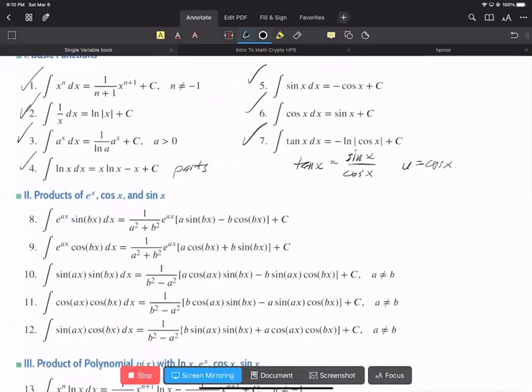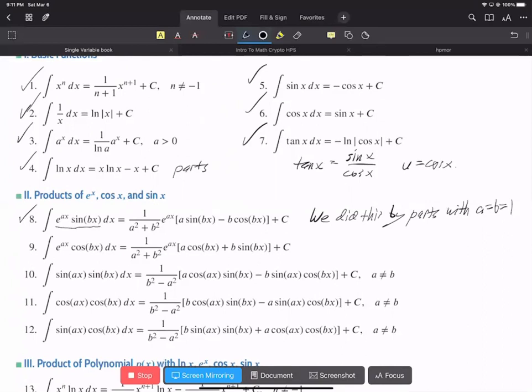Number 8 here is actually that weird integral. We did this by parts. That was that indirect by parts argument. Just a and b are constants here. So we did this example, e to the x sine x. If you just set a and b equal to 1, then we get that.